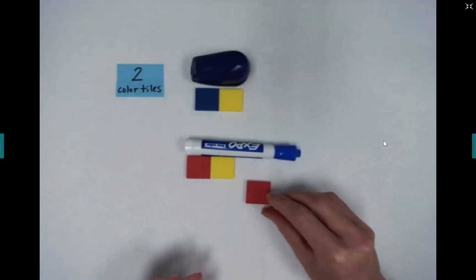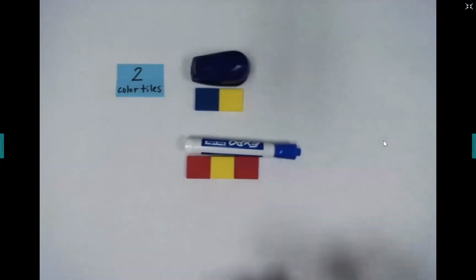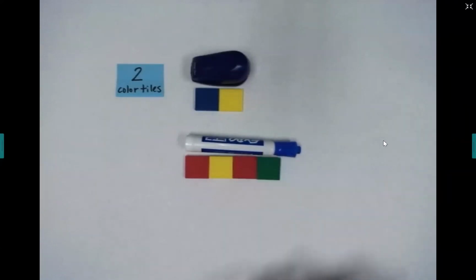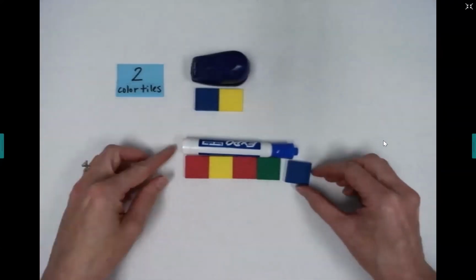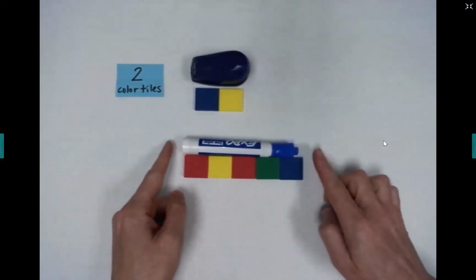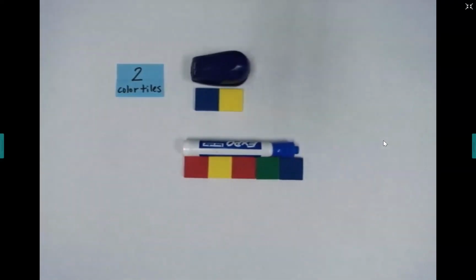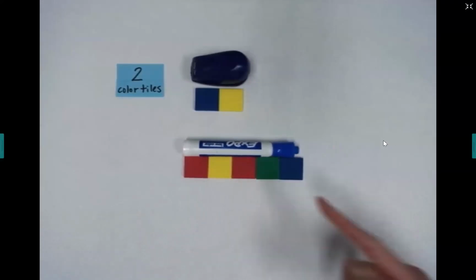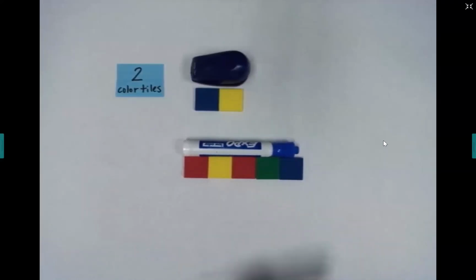Okay, and then again, we're lining them up side by side, making sure we don't leave any gaps between the units and we don't have any overlaps. Okay, so this expo marker is actually about, students will count 1, 2, 3, 4, 5 color tiles long. So here, my estimate didn't turn out to be the same as my actual length, but it was close. So it was a reasonable estimate.